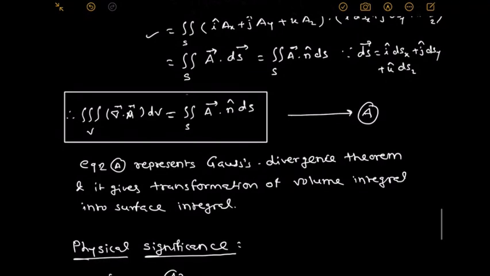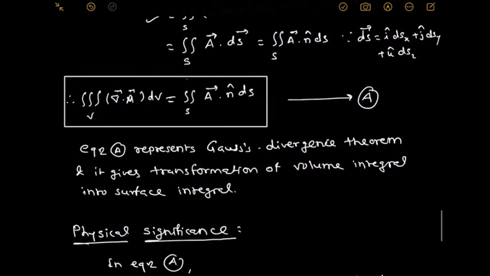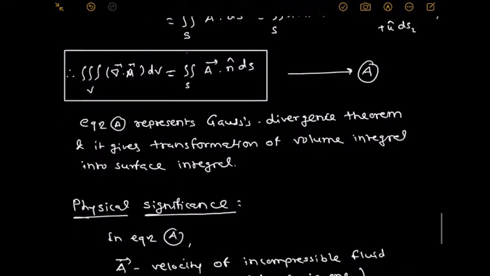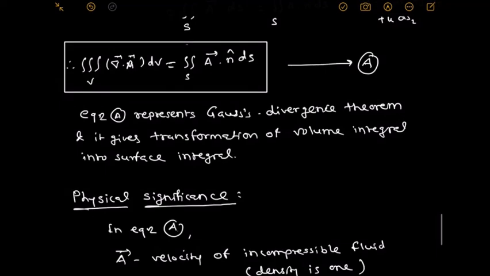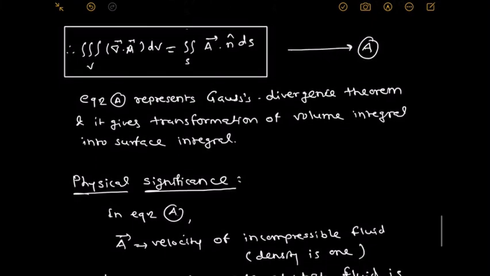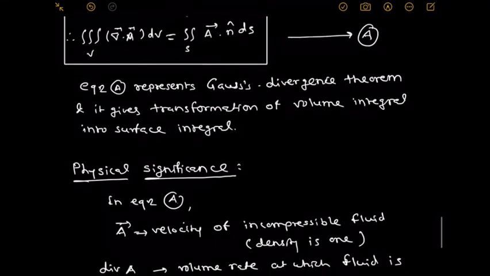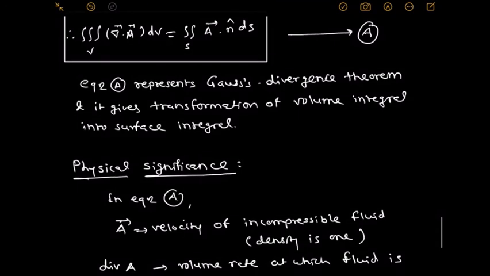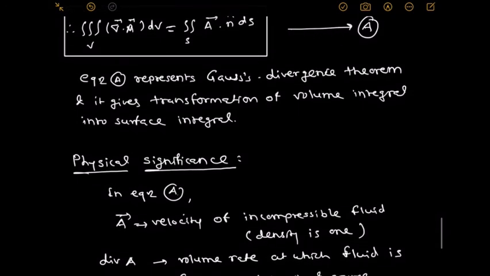Now we see its physical significance, which we explain using equation A, the Gauss divergence theorem. What does vector A represent? A is a velocity vector, the velocity of an incompressible fluid, whose density is 1.